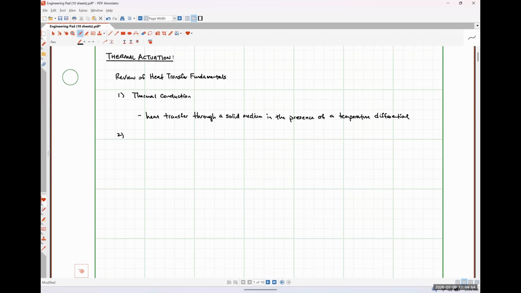Next, we have natural thermal convection. So natural thermal convection is heat transfer from a surface into a stationary body of fluid.